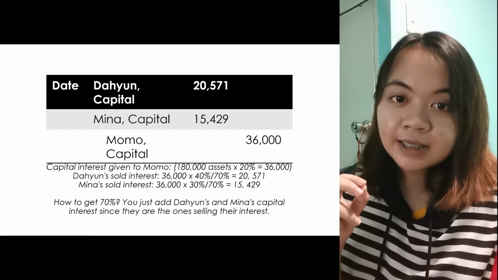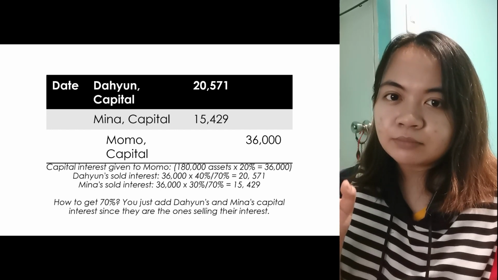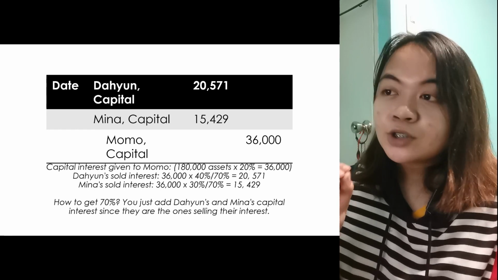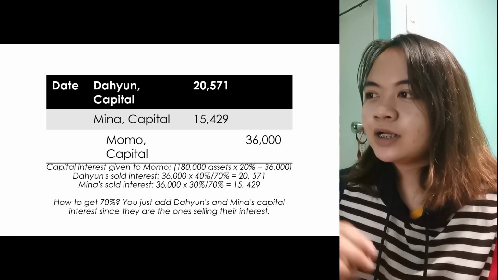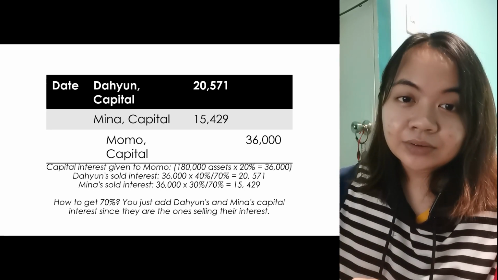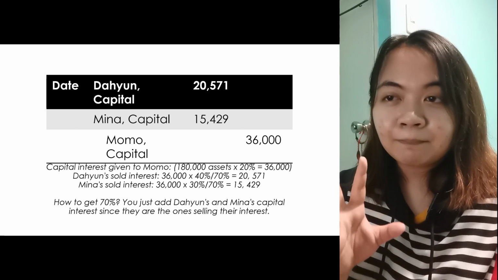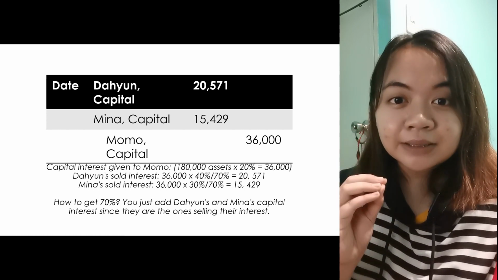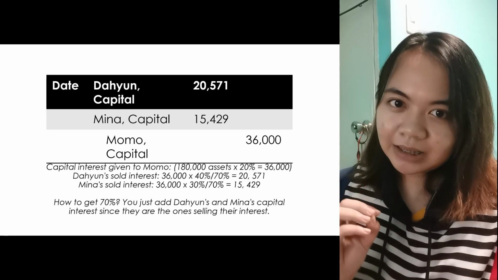So, compute. Sabi, ang valuation daw ng assets nung admission ni Momo is 180,000. So, times 20% mo lang, you have 36,000. Okay? So, sa 36,000 na yon, hahatiin mo yon sa capital interest ni Dayon at ni Mina.